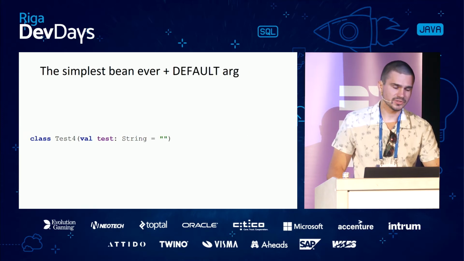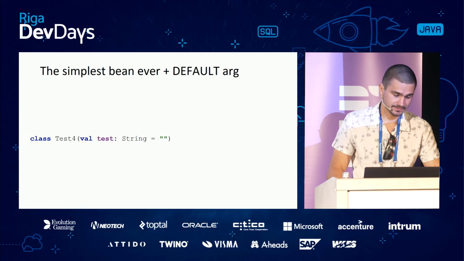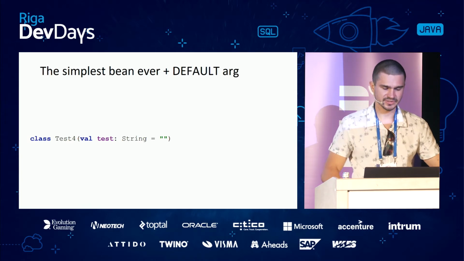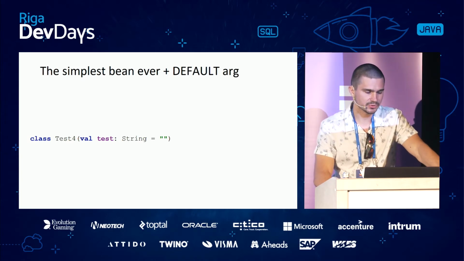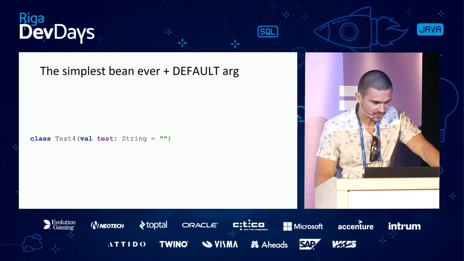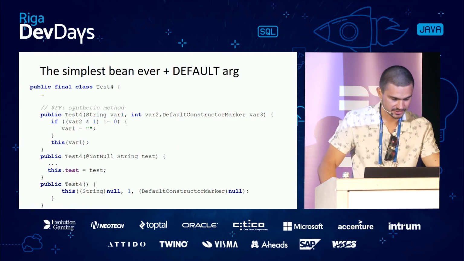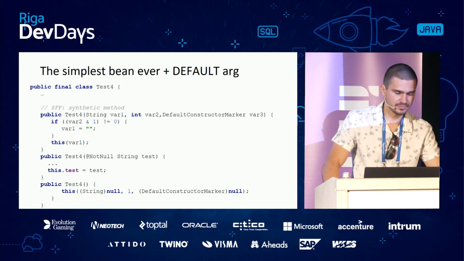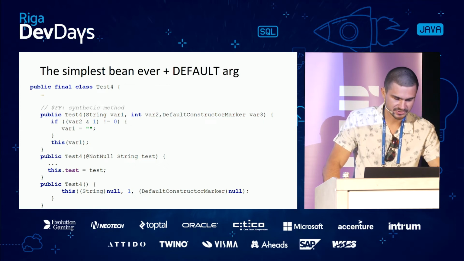Next thing that is not represented in Java is default arguments. So you can do something like this. The idea is that if you don't pass the test string to your constructor, the default value will be used. How is it implemented? Here is what we have in Java equivalent. We have a simple constructor which receives a string.